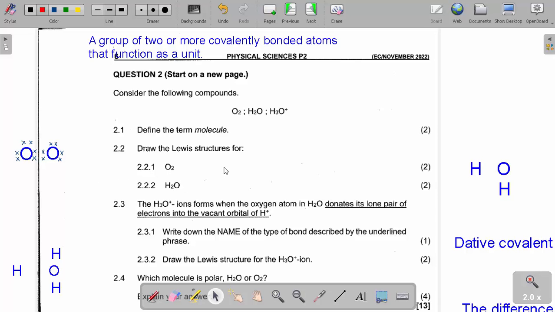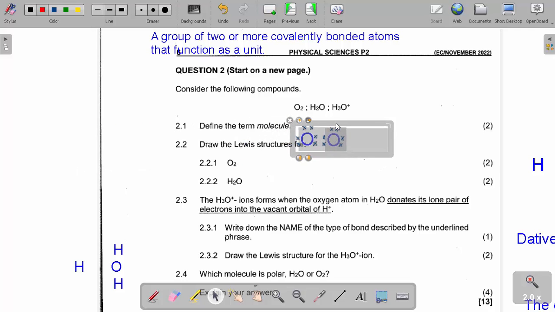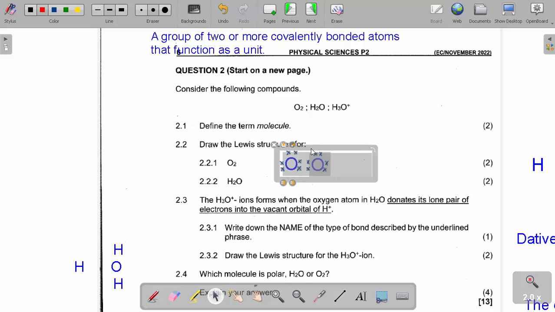Because these are two oxygen atoms, now look here, guys. So in this case, my answer is going to be like this. Now I must have the oxygen, but then I must surround it with the valence electrons.